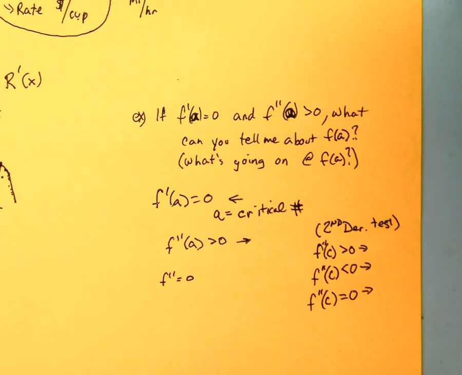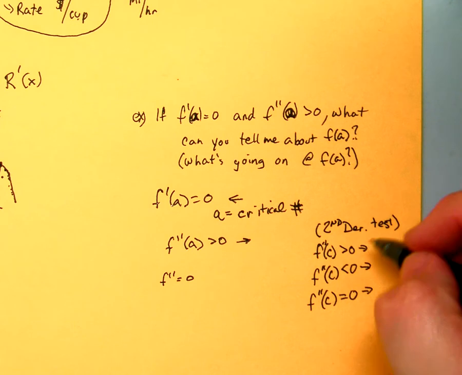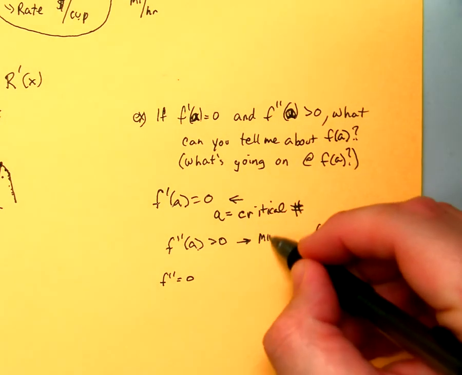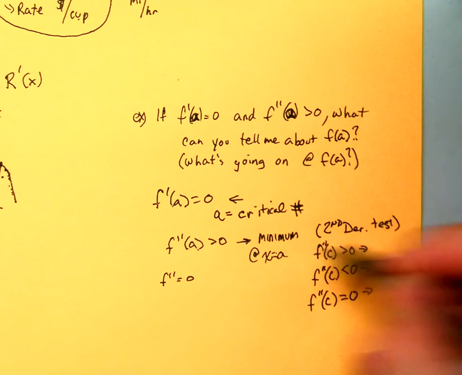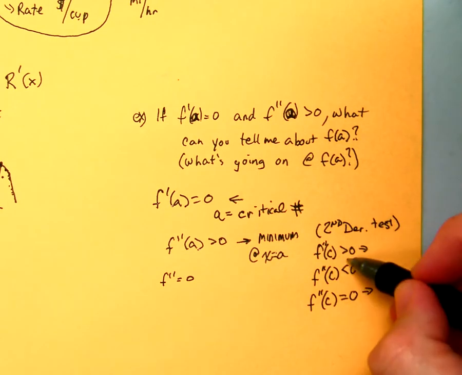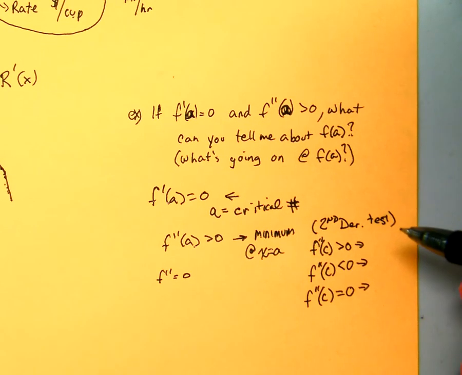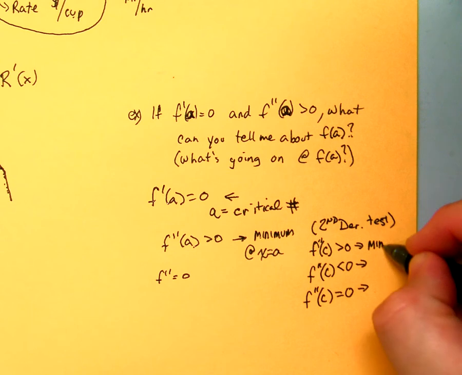No, not horizontal asymptotes. Not zeros. You say minimum? I would agree. If the second derivative is greater than 0, it's that counterintuitive idea. You're going to get a min at c.